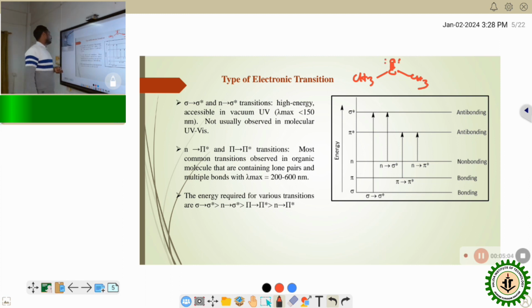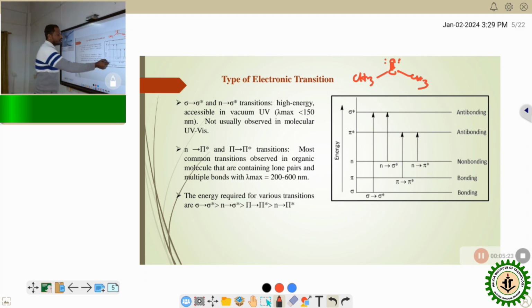So in that case, a number of transitions take place: sigma to sigma star, n to sigma star, pi to pi star, and n to pi star transition.